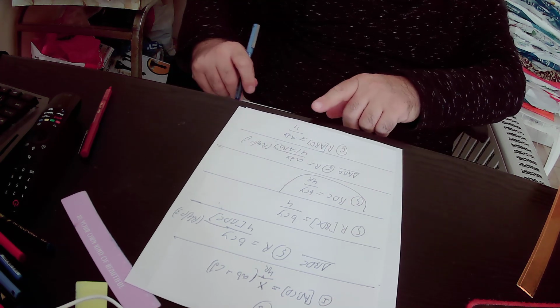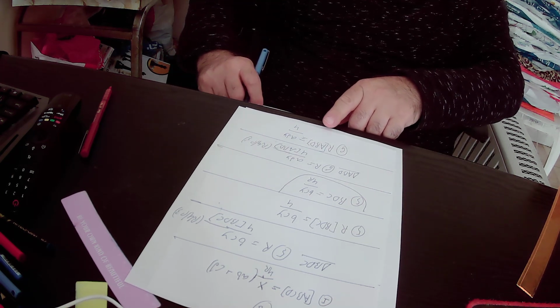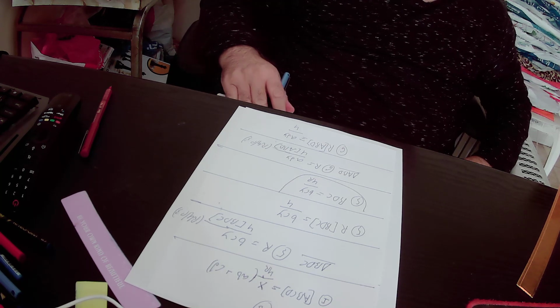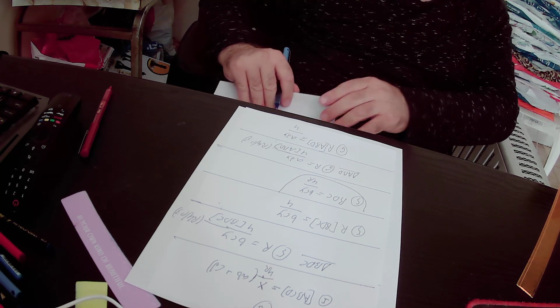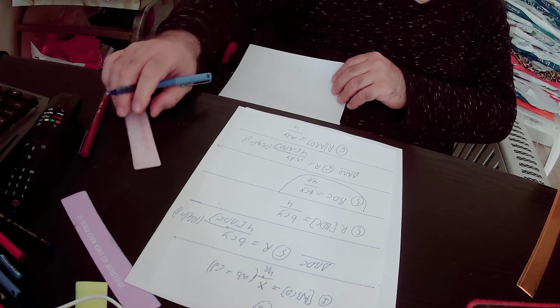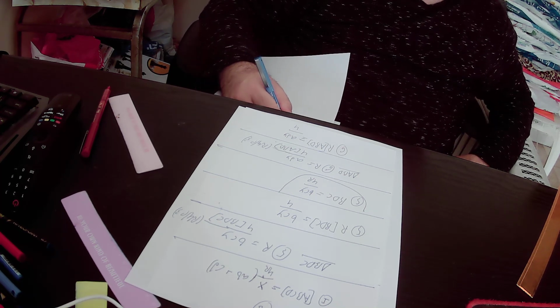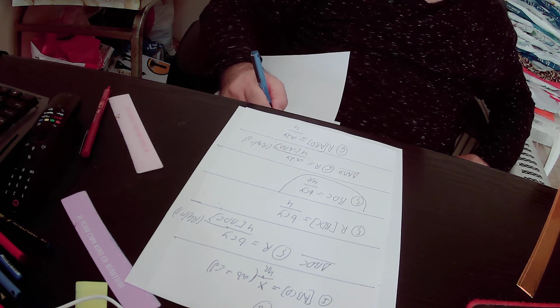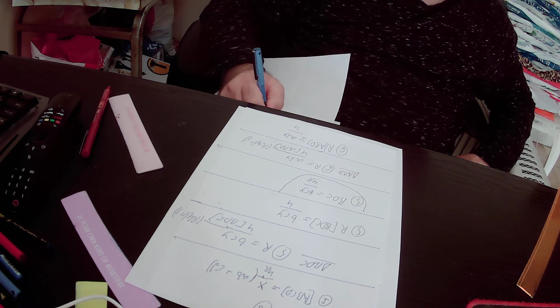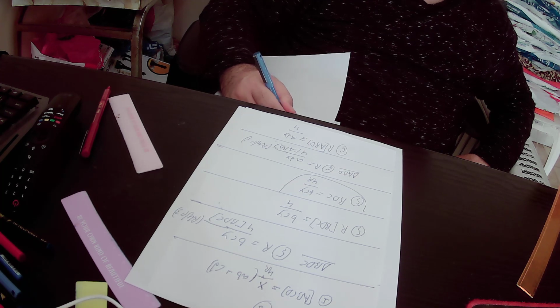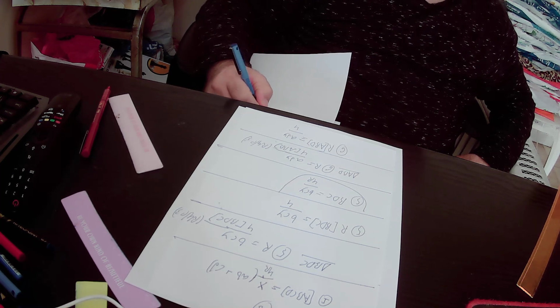Here we will divide equation number 6 by R, and we will get that the area of triangle ABD, according to equation number 6, will be equal to ADY over 4R.